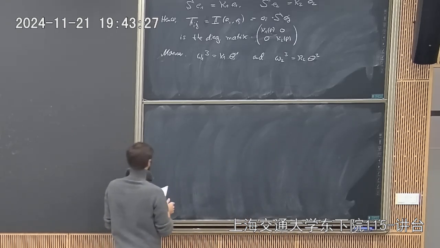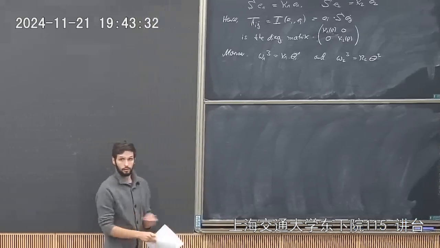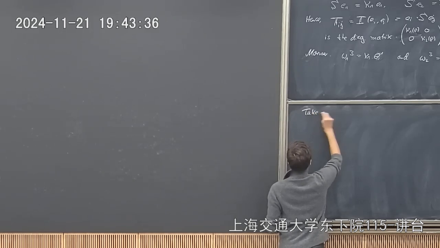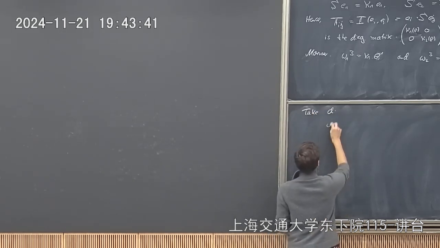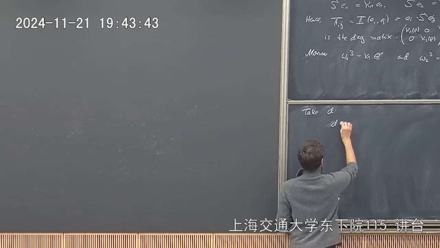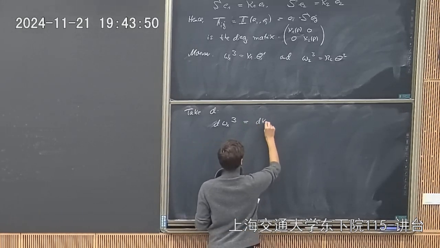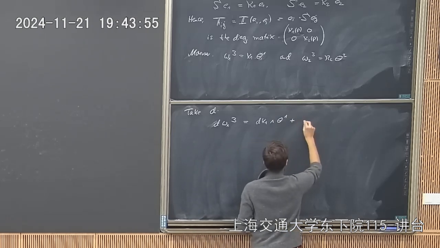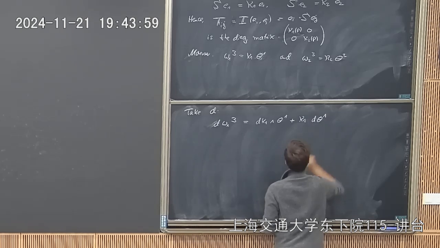Okay, so let's take d of that and see what comes out of these expressions. Take d, the exterior differential. So what we end up with is that d omega 1 equals d kappa 1 wedge theta 1 plus kappa 1 d theta 1.